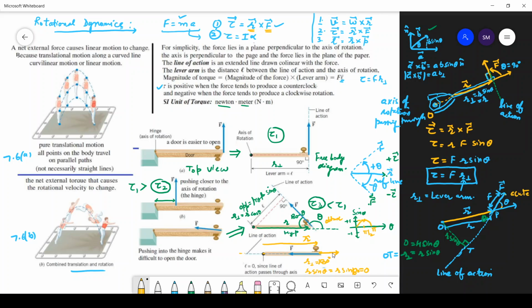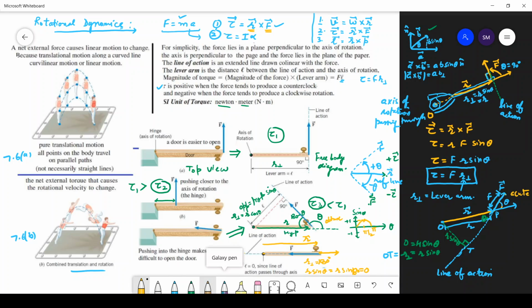Students, understood this concept? Yes, sir. Your r is in this direction. You are unable to apply the force in this direction, but if you apply the force in this direction, then the angle will be 0 when r and F are in the same direction. But here you can clearly see that r is in this direction. The direction of r is the position vector, from the axis of rotation to the point where you are applying the force.